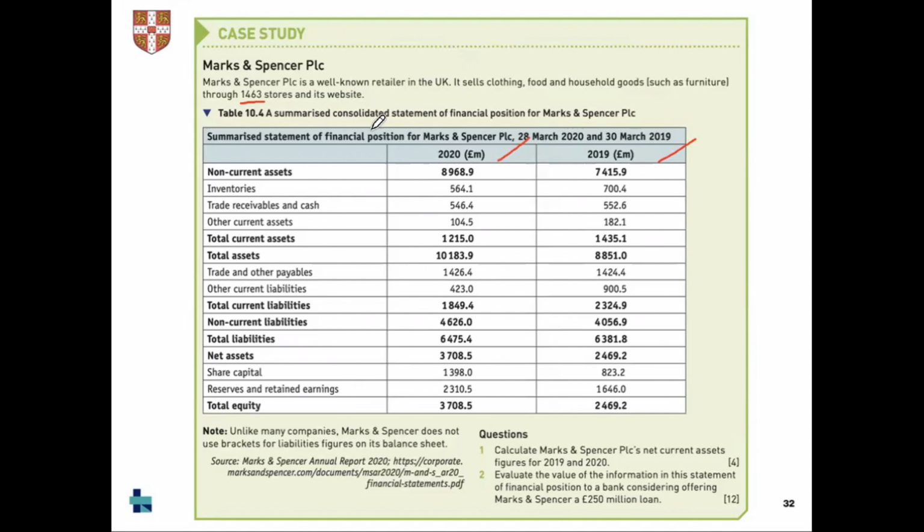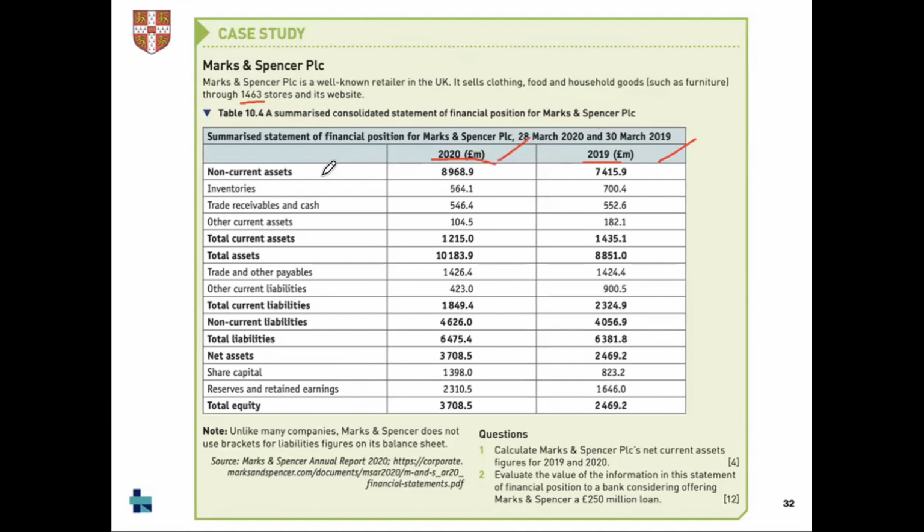The statement of financial position for Marks and Spencer is a snapshot. Remember, we said that the statement of financial position is a snapshot. So on which date are these values captured? On the 30th of March, 2019, and then the 28th of March, 2020.